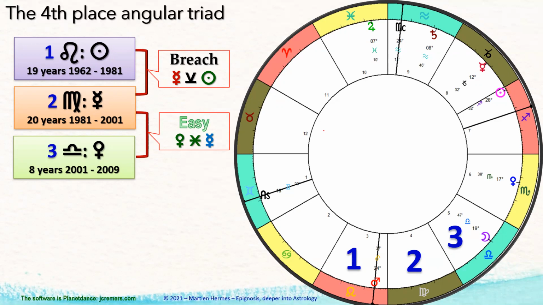Now, when we get to the next one, again, this is the wrong one in a sense, because when we look at Venus and Mercury, we can say, well, that must have been an easy transition. But we have also established that Venus is not the managing director of Libra of this third period, because it's Saturn.